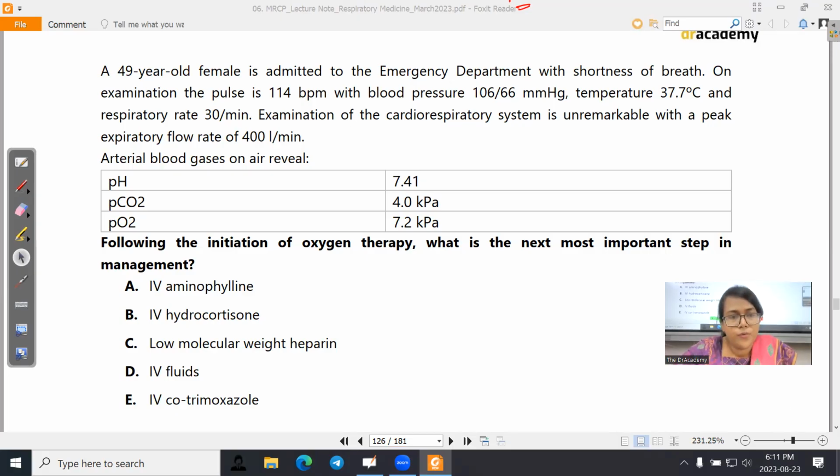Okay, Dr. Himali, are you through? Yes. Okay. Low molecular weight heparin. Okay, very good. Yes, because this is the initial treatment for acute onset of pulmonary embolism. All right, and the patient is not having massive pulmonary embolism, so no need to go for thrombolysis as of yet. You can just go for the low molecular weight heparin right away.